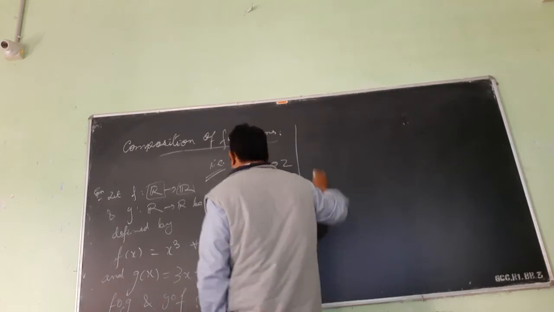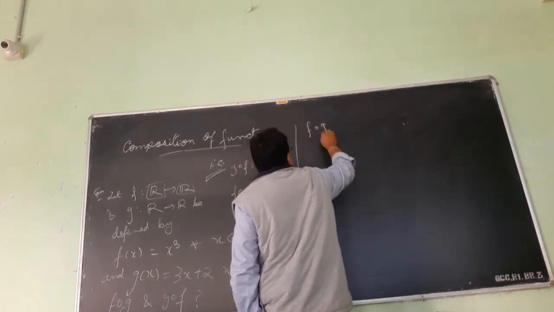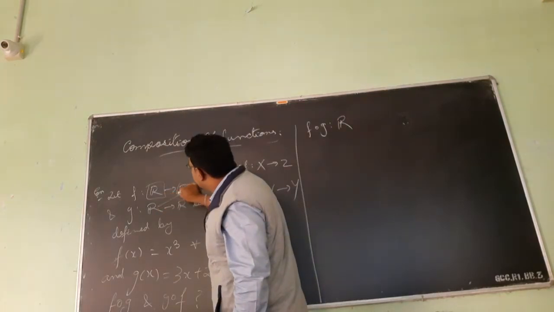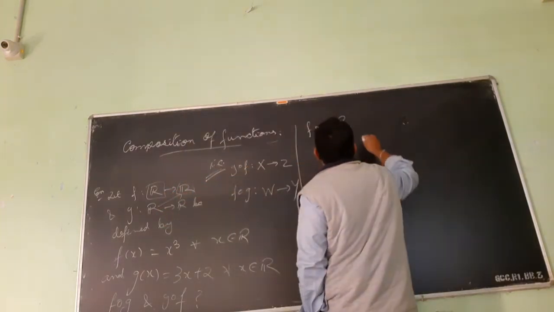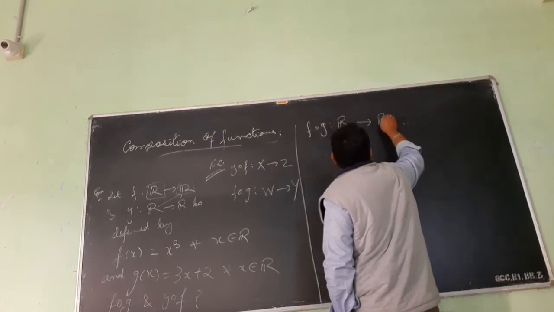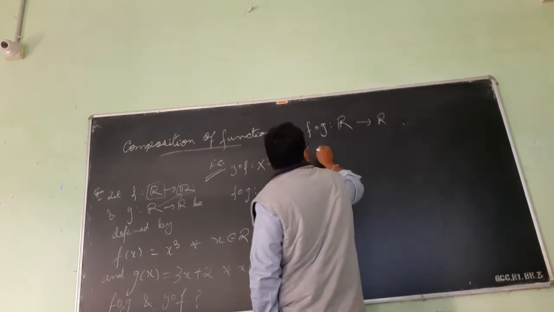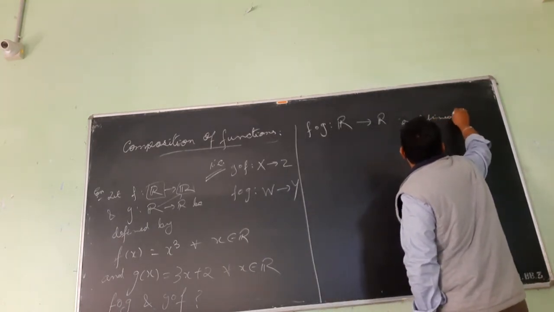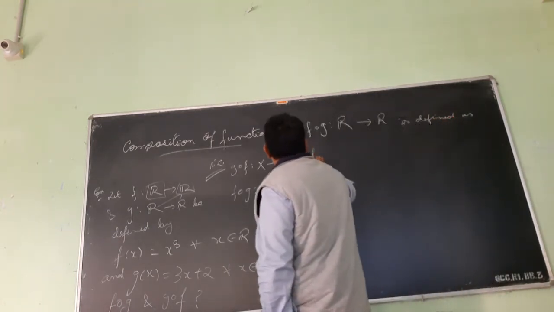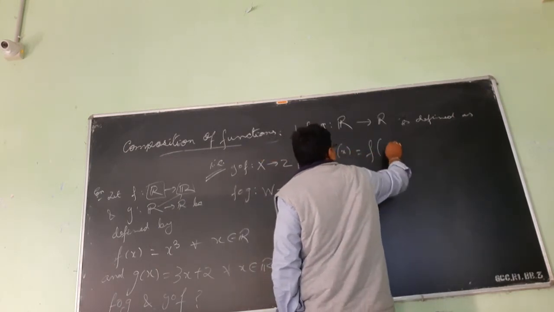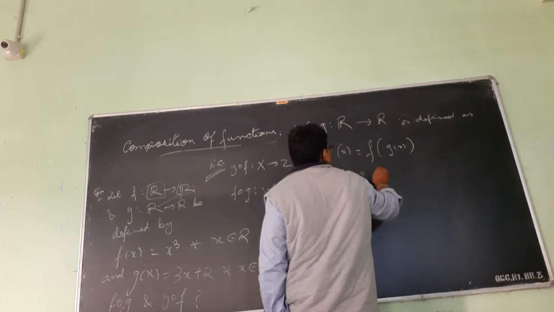What is f∘g? It will be a function from R to R, defined as f∘g(x) = f(g(x)).